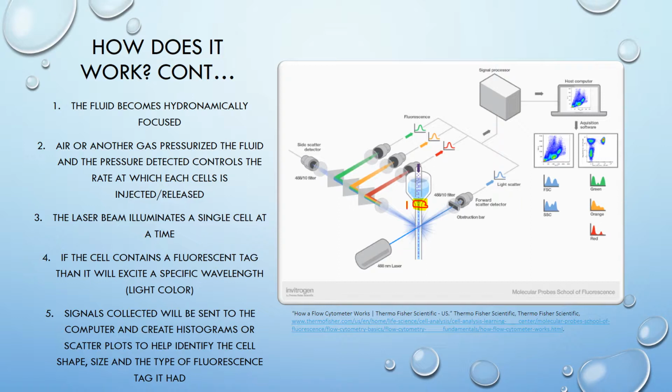As explained previously, the light is reflected onto a forward scatter detector, and the size is shown on the scatter plot and histograms. If the cell contains a fluorescent tag, then it will excite a fluorescent light, and everything that is collected will be shown on data scatter plots or histograms.